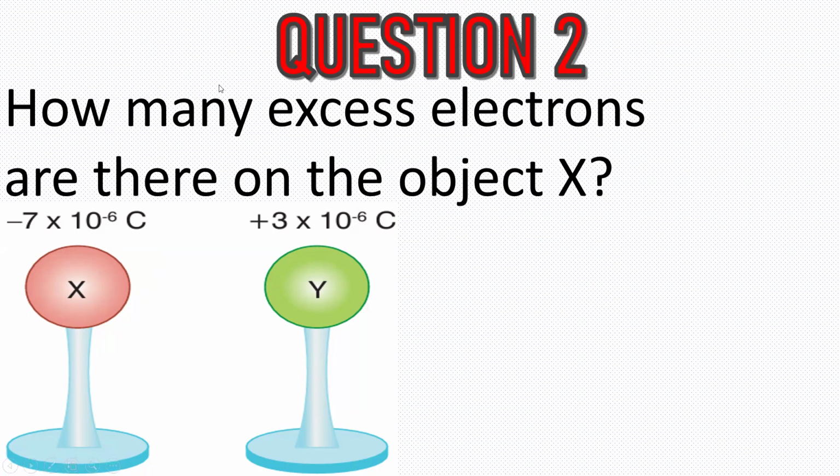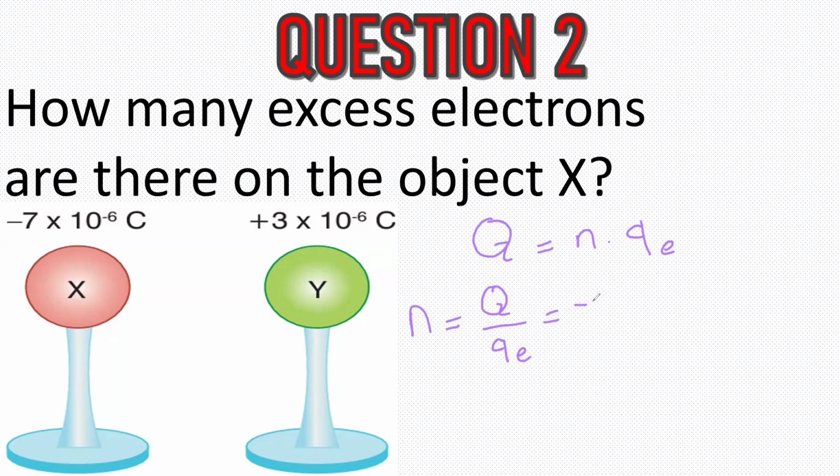Okay, let's answer this question together now. So the formula is Q equals N times Qe. What was the Q? Charge of object. It is given here. N is number of electrons. Qe is charge of 1 electron. So from this formula, we can write N equals charge over Qe.